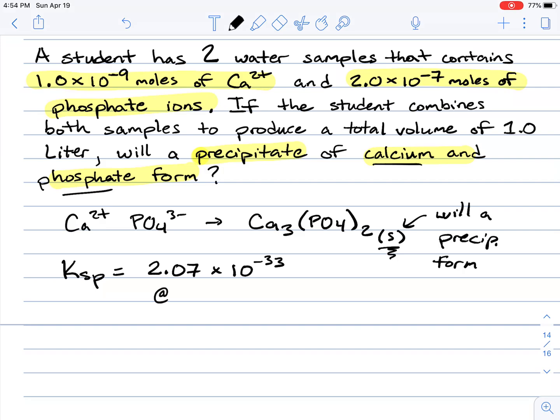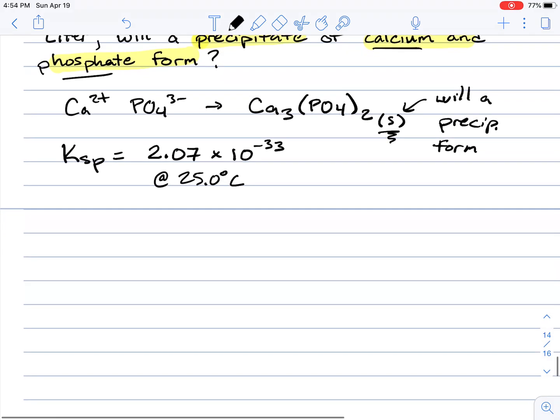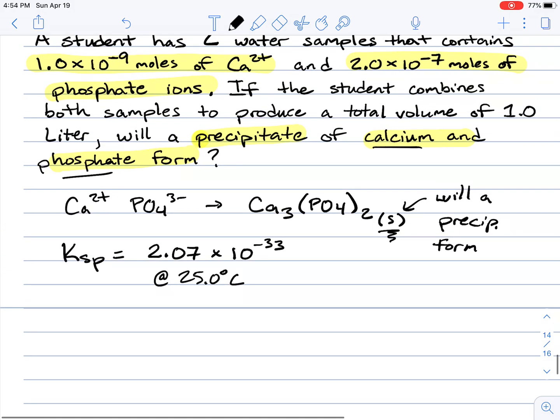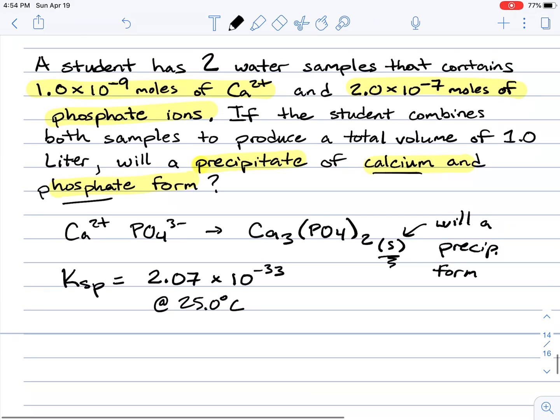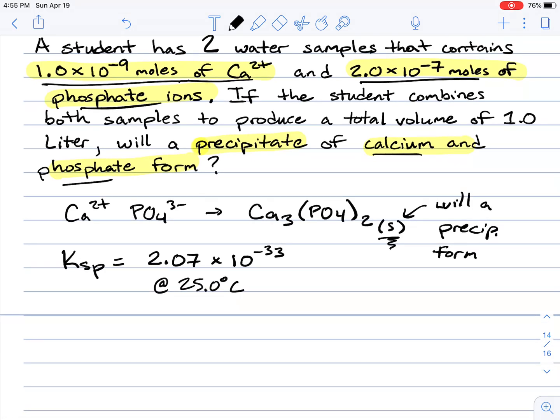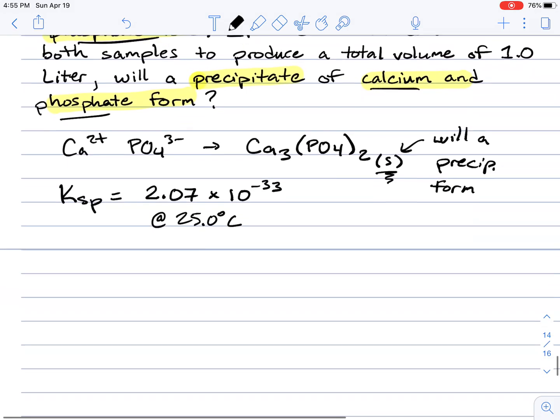And so remember, the Ksp is going to change depending on the temperature. And so what we're going to do is assess whether or not this number of moles of calcium and this number of moles of phosphate ions is going to be enough to create a precipitate.